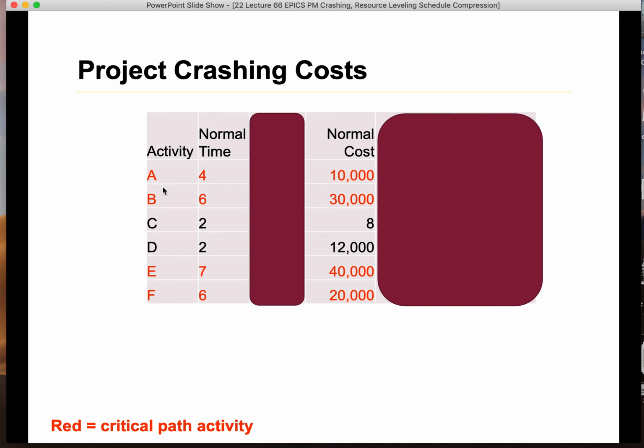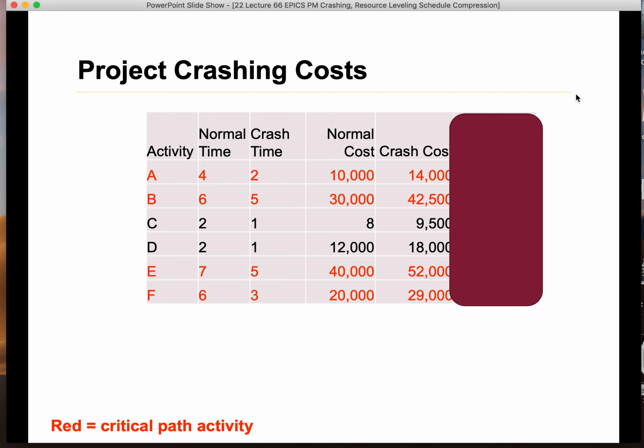I made these red. These reds are the critical path. A, B, E, and F are the critical path. Okay, so which one do you want to attack first? Well, first of all, you want to attack the ones that are on the critical path, correct? By the way, this is 8,000, I believe. I apologize for this.